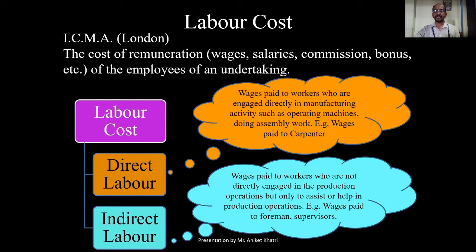Direct labor cost is nothing but the cost paid to the workers who are engaged directly in manufacturing activity. Indirect labor cost is the cost paid to the workers who are not directly engaged in the production operation. So the difference is that the person who is actually working on the conversion of raw material into finished product will be covered under direct labor.